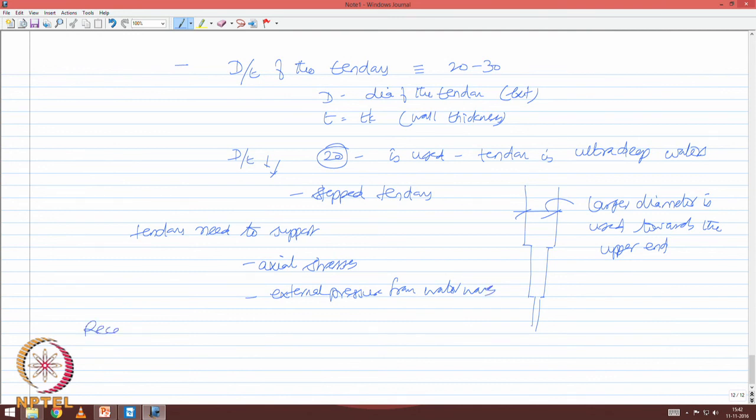A recent application for tendon material is carbon fiber composites.